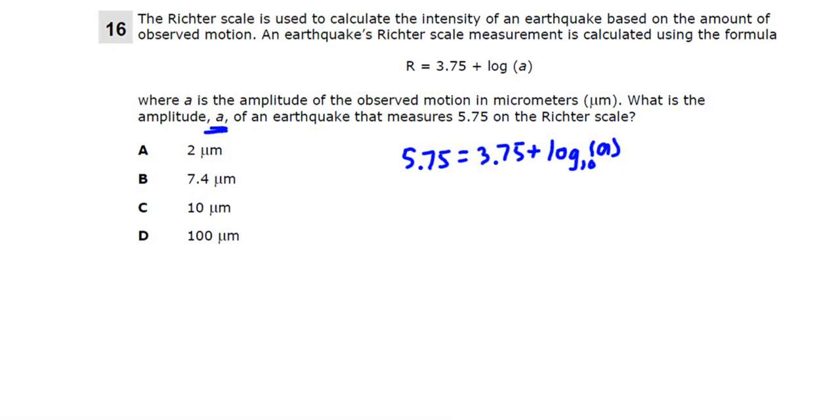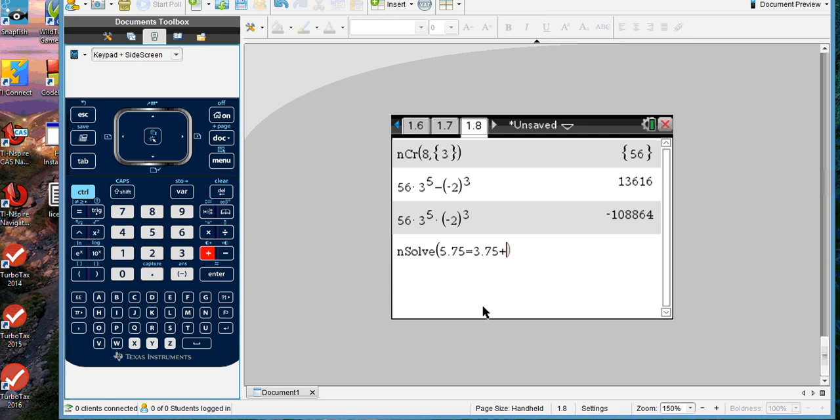I'll press control log, there we go, log base 10, and if you don't fill in 10, it gives you that automatically. I put A here, and then come to the right and put in comma A.